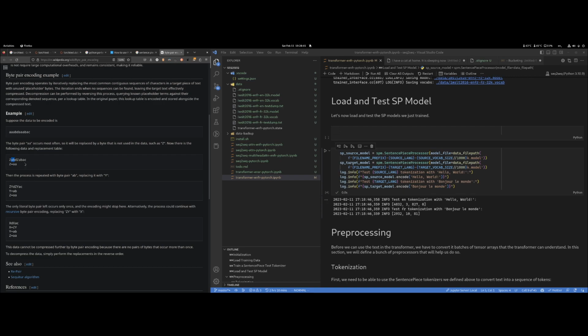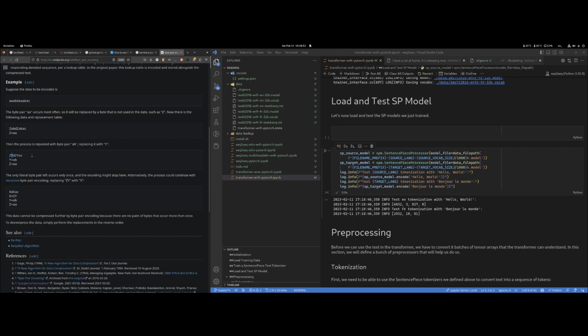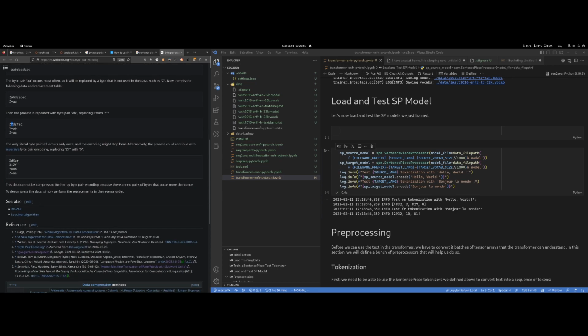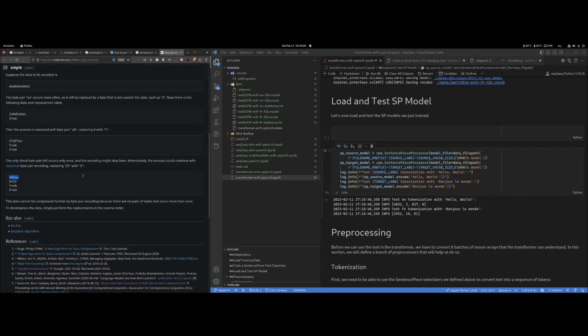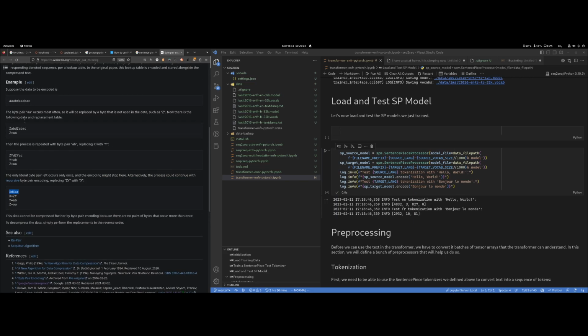So you say, okay, that's a common enough pattern. I want to give it a one letter symbol, and then you change it to Y, and you can see that your text is becoming shorter. And then you keep iterating until you end up with the smallest possible form. So you end up compressing all this into this, and that's how you make it smaller.